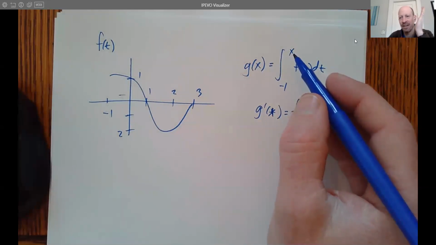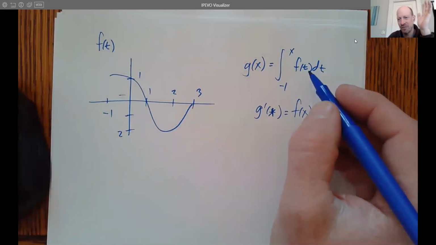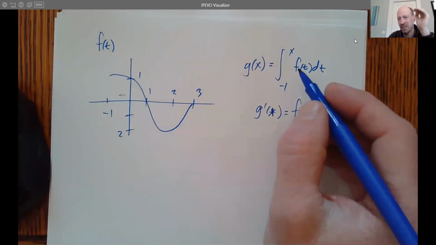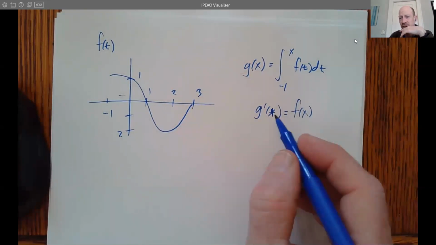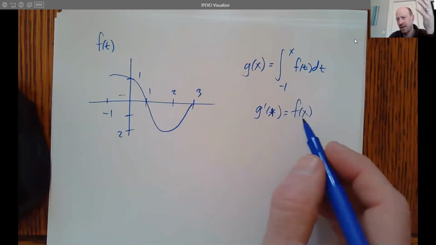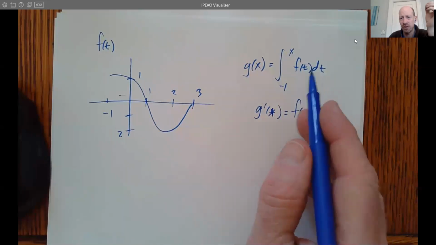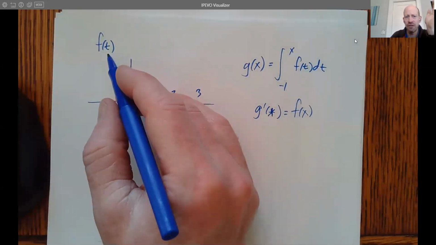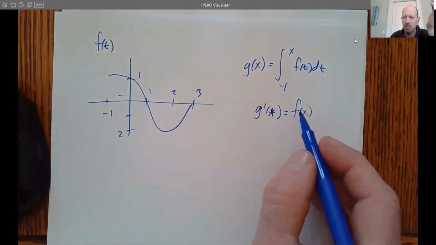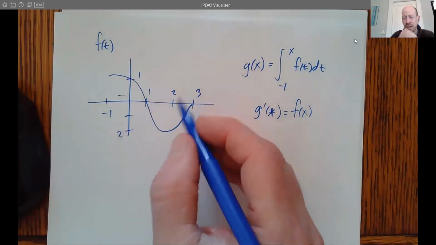I know I've talked about this a couple times, but it's a kind of formality to switch the t's and the x's. It is important here that g prime of x has to be equal to f of x, because that's a point and it needs to match this point. But otherwise, we just don't want to confuse everything. So don't get confused that this function is labeled f of t. You can think of it as the same as f of x, it's going to look the same here for this purpose.